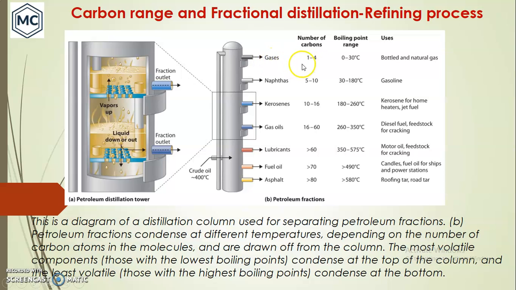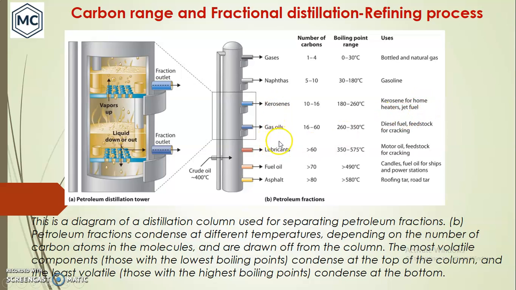For example, gases have a carbon range of 1 to 4 and a lower boiling point, below 30 degrees, and are used in bottled and natural gas. Naphthas have a carbon range of 5 to 10 and a boiling point of 30 to 180, and are used as gasoline. Kerosene, with a range of 10 to 16, has a very high boiling point compared to this, and is used for home heaters and jet fuel.